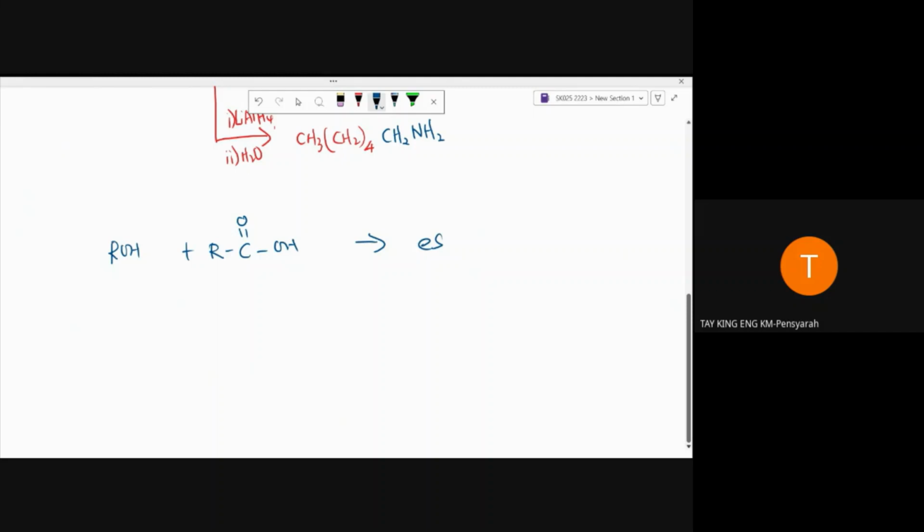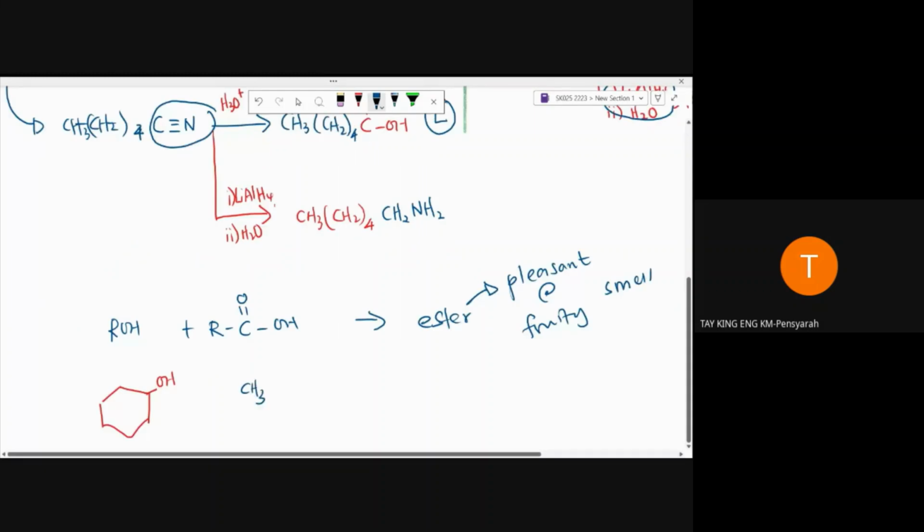Okay, so ikut tadi alkohol yang dibagi dalam soalan adalah cyclohexanol. Lepas tu yang this one, carboxylic acid ini adalah CH3 lepas tu sambung dengan CH2 COOH.